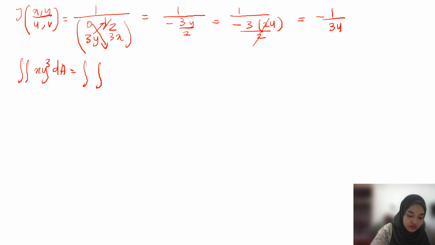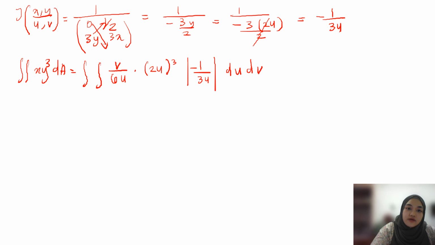So our x equals v over 6u times y, which is 2u to the power of 3. Don't forget to put the Jacobian. So our Jacobian here is negative 1 over 3u du dv. So our u limit is from 1 until 3, and v is 3 until 9.